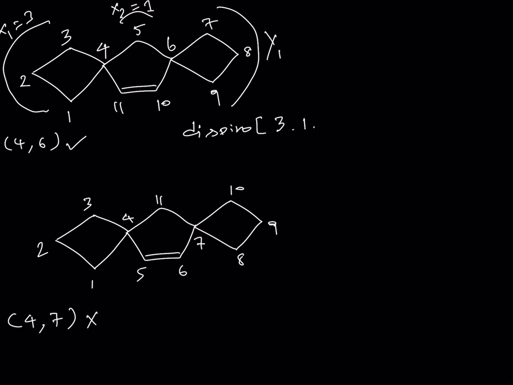That's your value of Y1, 3, and then the value of Y2 is 2. So 3.1.3.2, close the bracket.